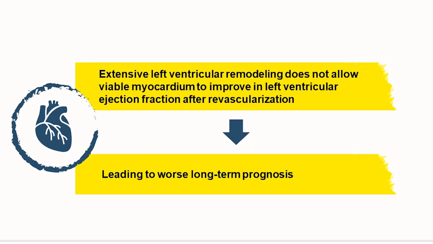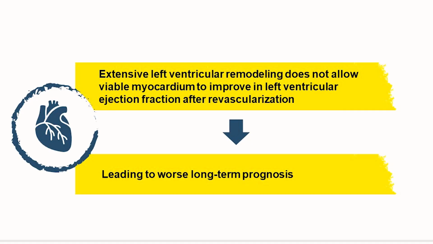Depending on all these factors, the recovery of the patient is decided, and we have to plan what immediate steps we should take before we take up the patient for revascularization with CABG.